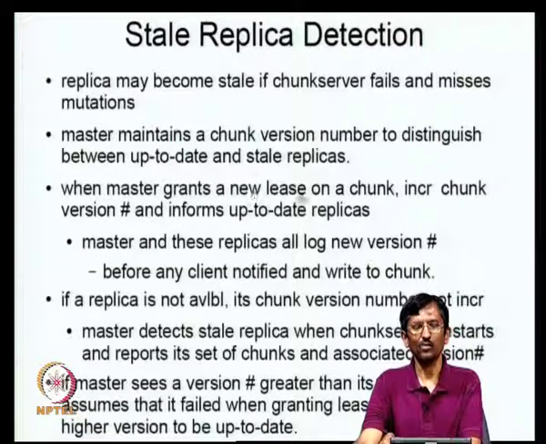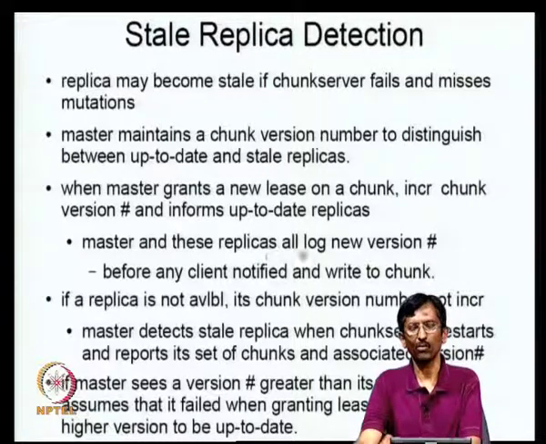When the master grants a new lease on a chunk, you increment the chunk version number and inform the up-to-date replicas. Basically, every time a chunk is being used for a write, for example, you increment the chunk version number and tell all the up-to-date replicas that this is the new version number.